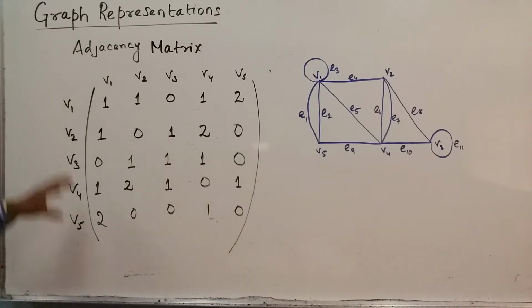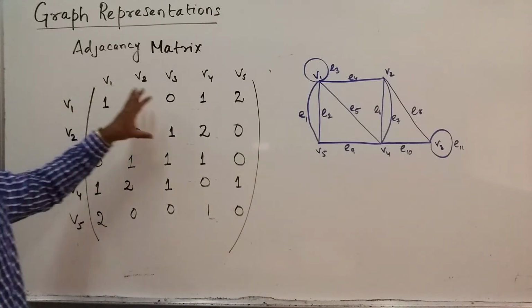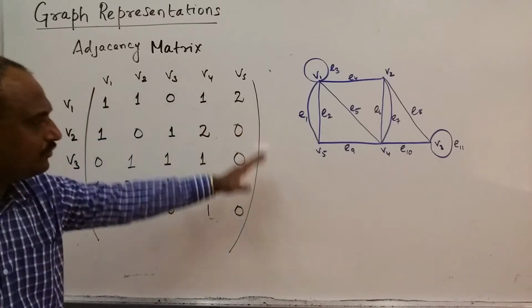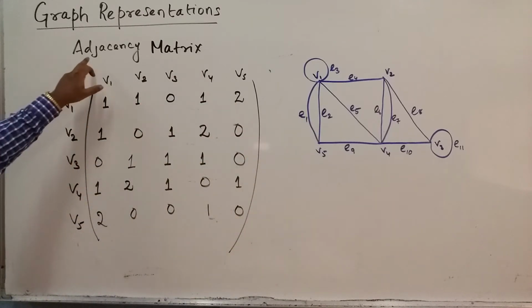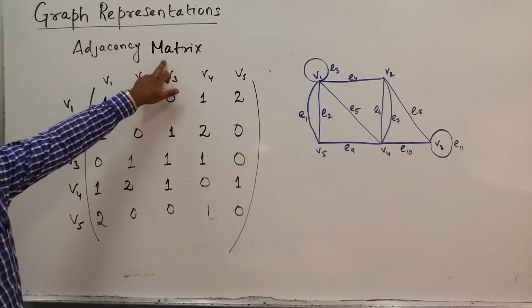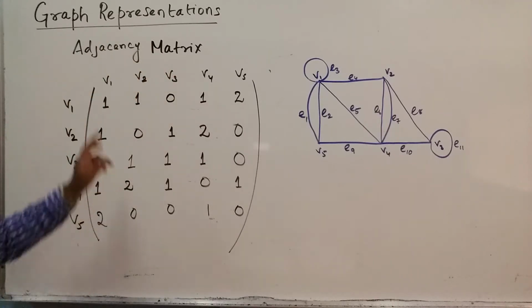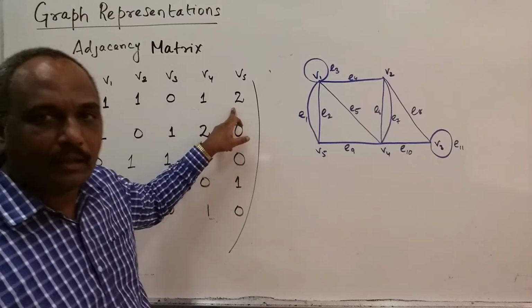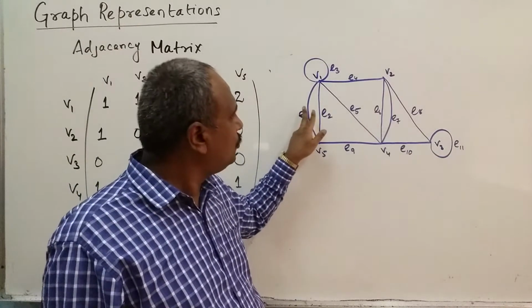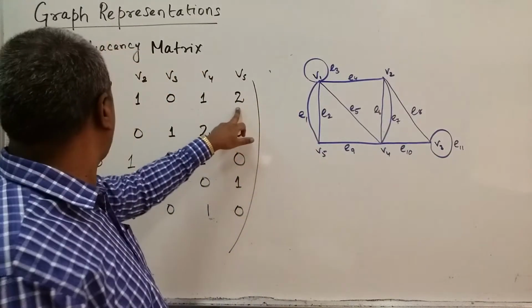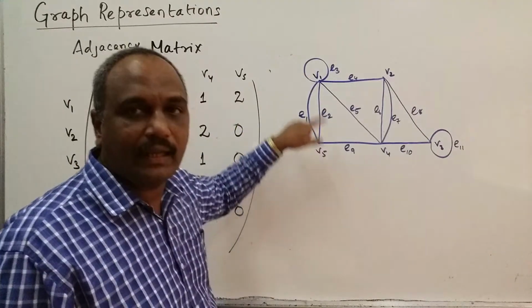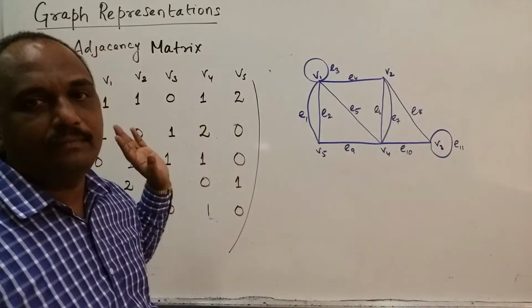So when we are checking the adjacent vertices in a matrix form, this is called the adjacency matrix. The number depends on the number of edges. If we are having 2, then the connection will be 2. If I have 3 connections, then I am going to take 3.